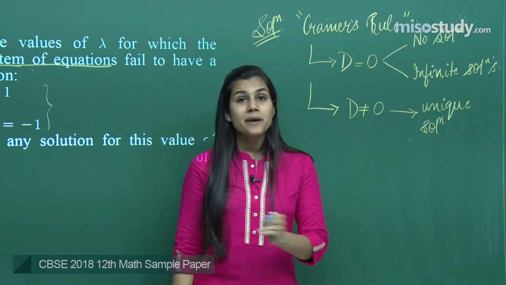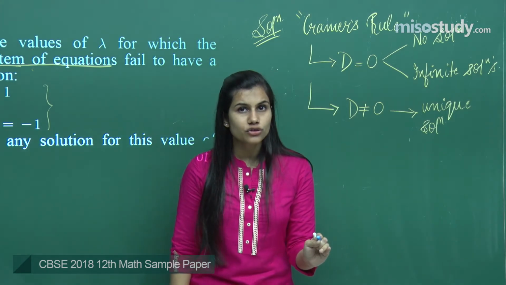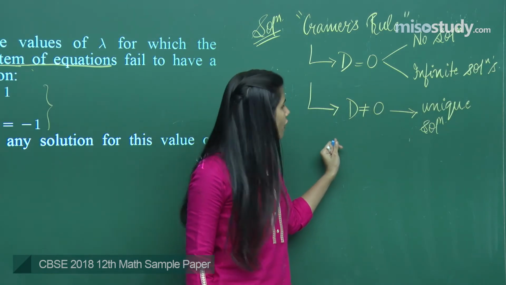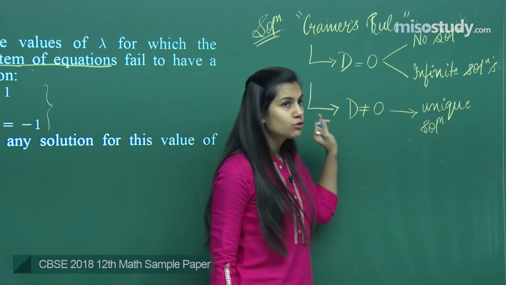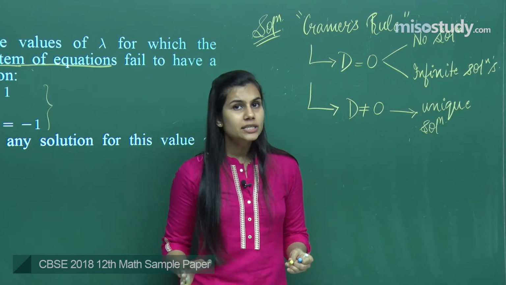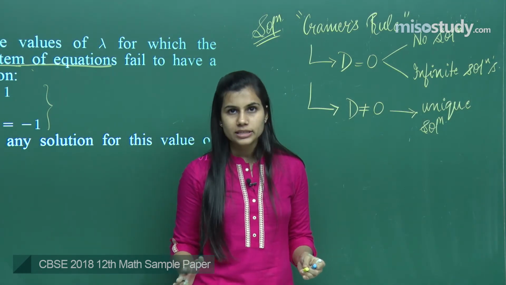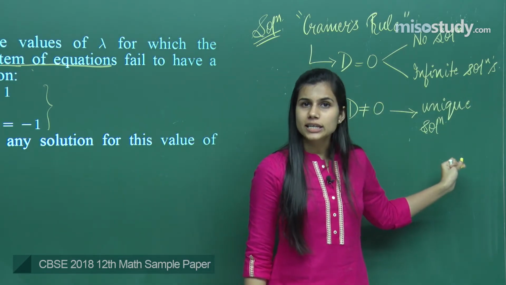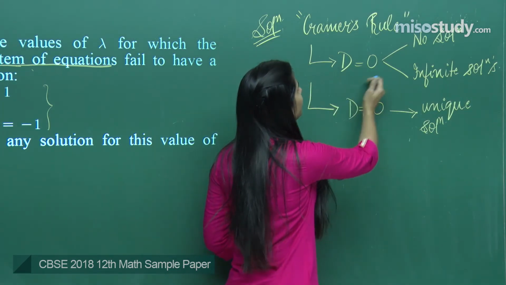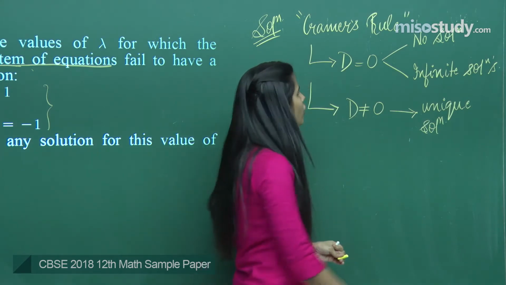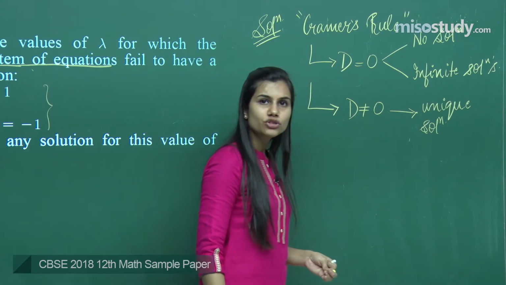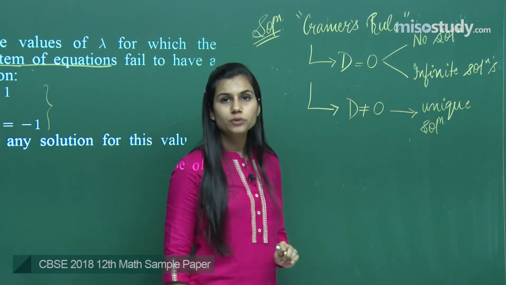So over here, I am not interested in a unique solution. That means I do not want the determinant of my coefficient matrix to turn out to be non-zero. Three simultaneous equations in three unknowns are not going to have a unique solution when their determinant is 0. Because if the determinant is 0, they are either going to have no solution or infinitely many solutions, but definitely not a unique solution.